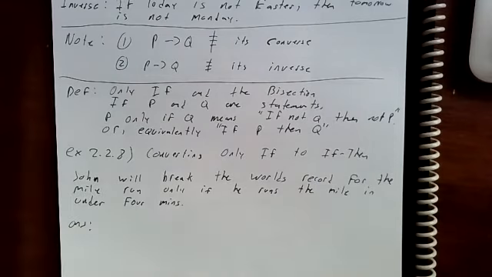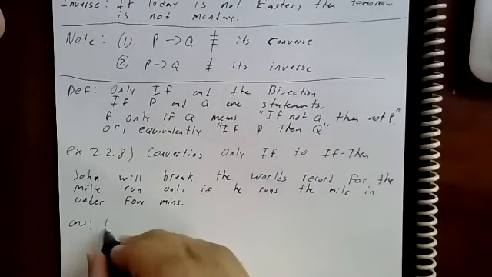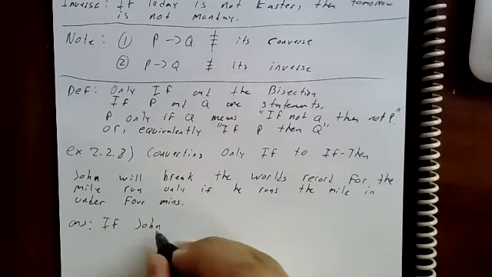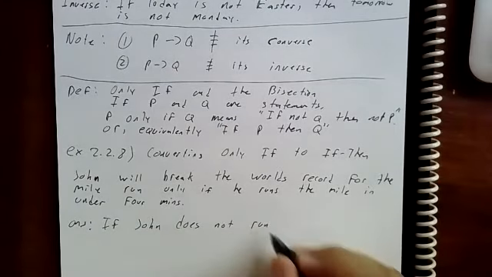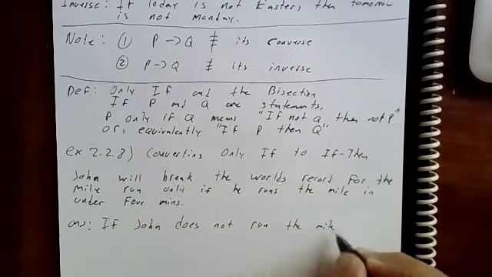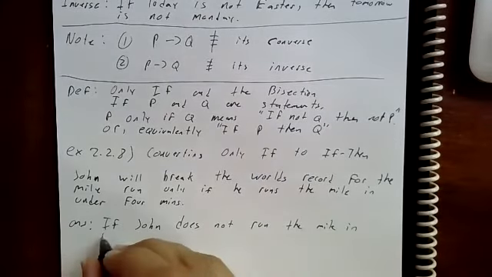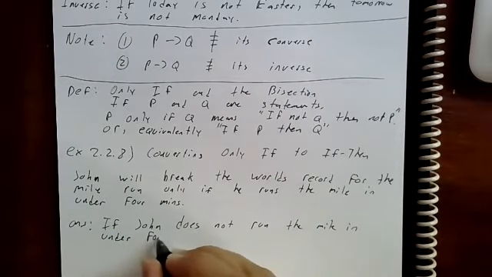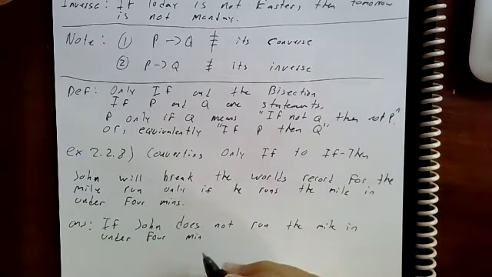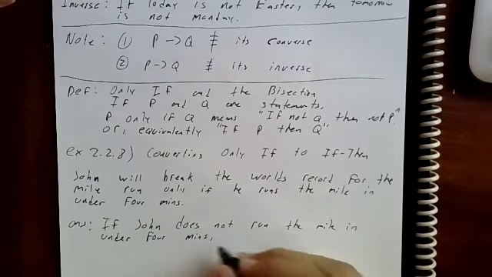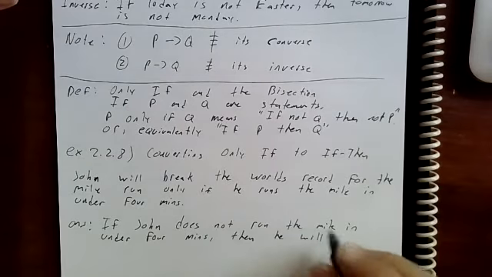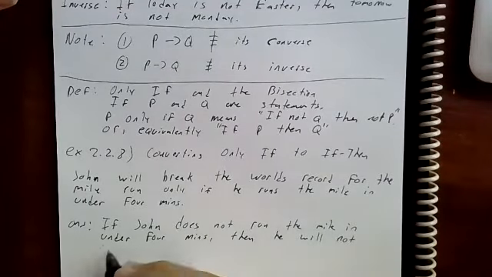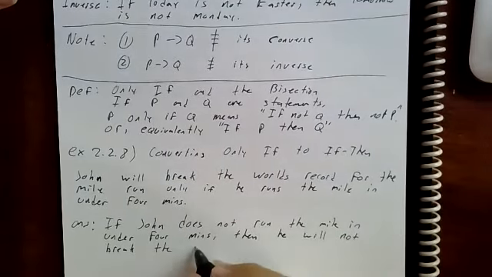So there's a couple ways to write this. We could say if John does not run the mile in under 4 minutes, then he will not break the world's record.